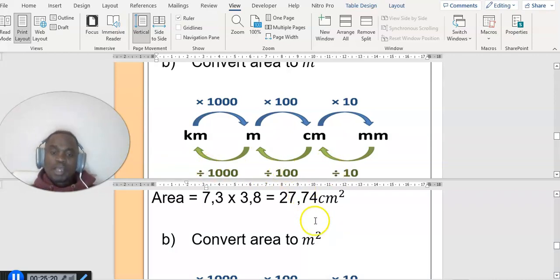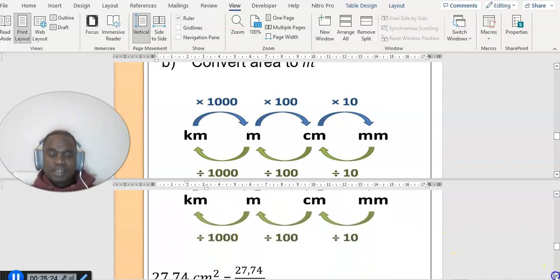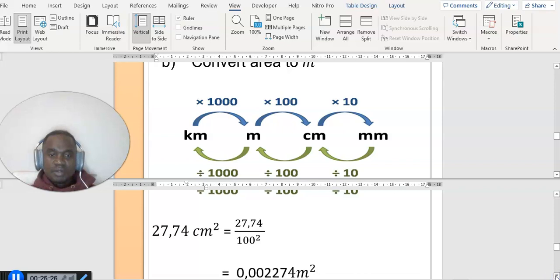1000. Okay. Now, to answer the question, to convert it, what you need to do, we know that the area is 27.74. So it's in centimeters. So we are here. This is centimeter. We are moving towards meters because we are changing centimeters to meters.